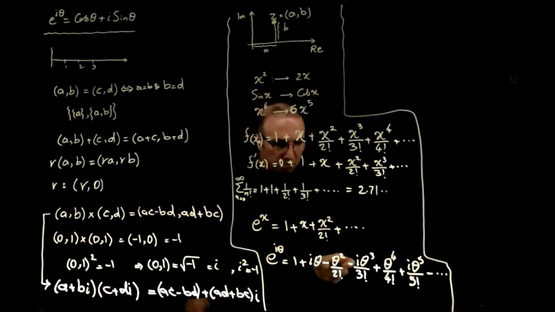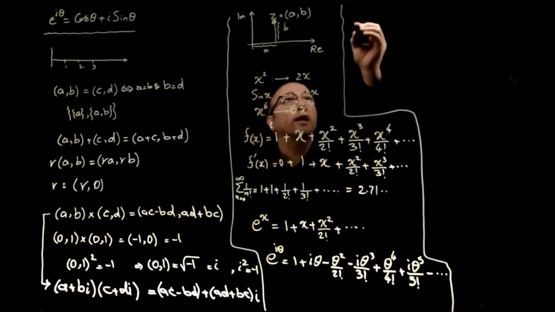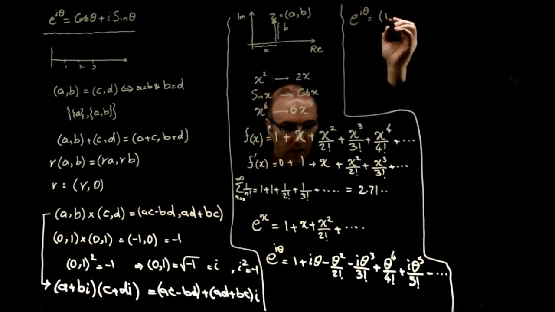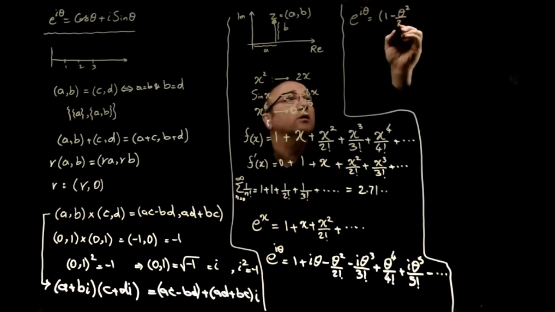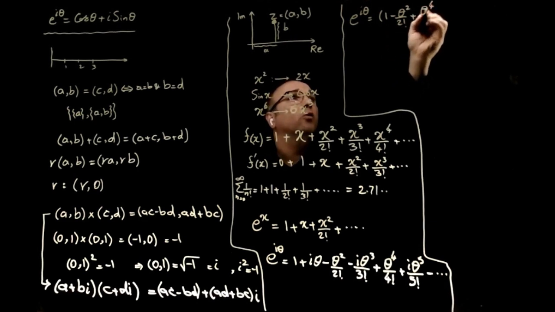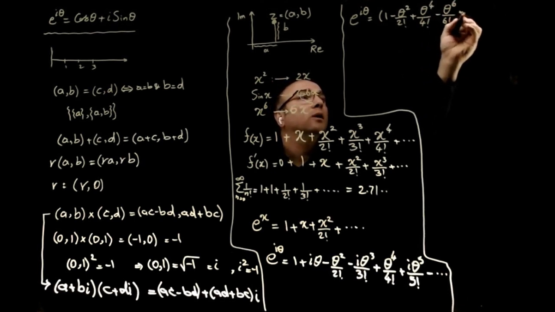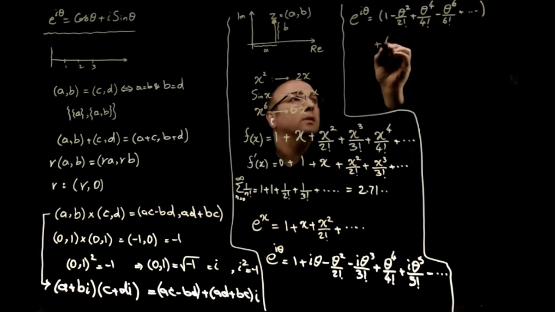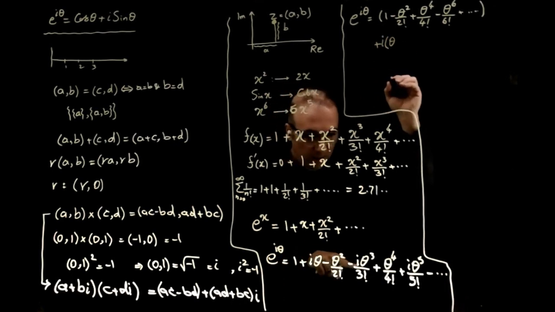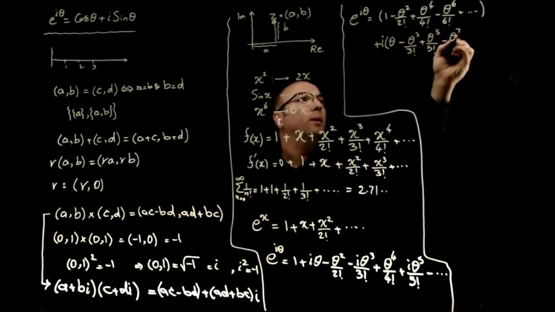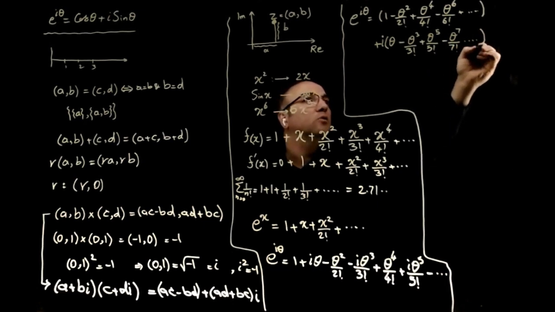I can pick these real parts, the parts that don't have i, so it is 1 minus theta squared over 2 factorial plus theta to the power of 4 over 4 factorial minus theta to the power of 6 over 6 factorial plus, and for the imaginary part, you see, I factor out this i, and I'm left with theta minus theta cubed over 3 factorial plus theta to the power of 5 over 5 factorial minus theta to the power of 7 over 7 factorial, and all the other terms.